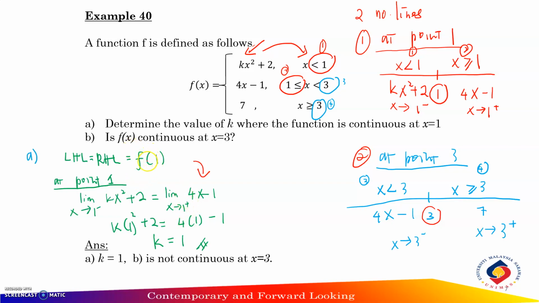And for f of 1, the value of f(x) when x equals 1, we can assume this is already defined. Now solve the equation. Using direct substitution, substitute x equals 1 directly into these two functions. Then we have k times 1 squared plus 2 equals 4 times 1 minus 1, and then k here is 1. So A is k equals 1.